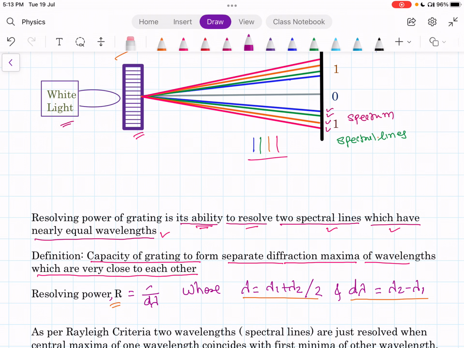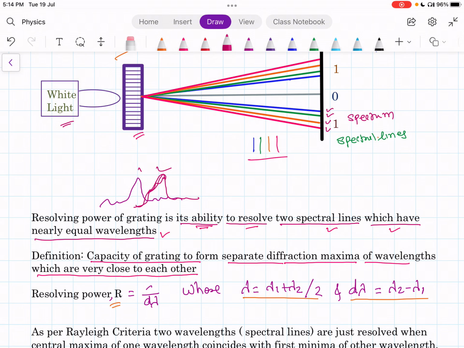For example, suppose this is the diffraction maxima of one wavelength, and this is the diffraction maxima of another wavelength. So two separate diffraction maxima are formed. So it is nothing but the capacity of that grating.